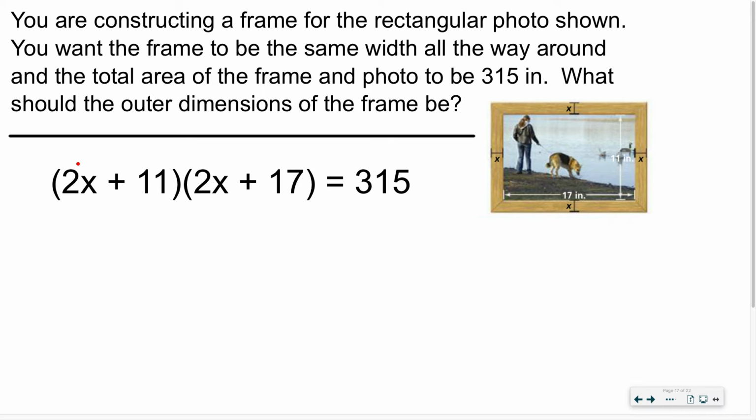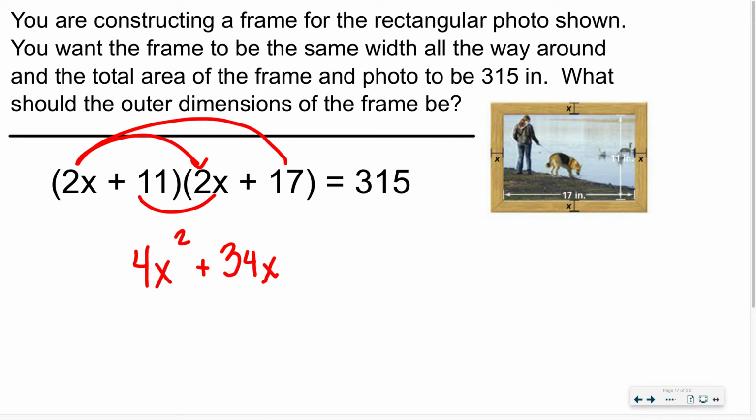I can FOIL. Yeah, I can multiply out. What would I get? 4x squared plus 34x plus 22x, and any double-digit number times 11 is the first digit, the last digit, and the middle is then added together, so it's 187.